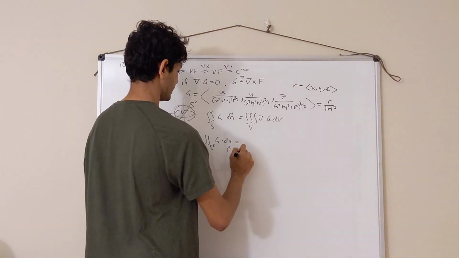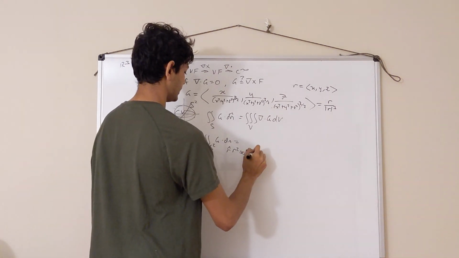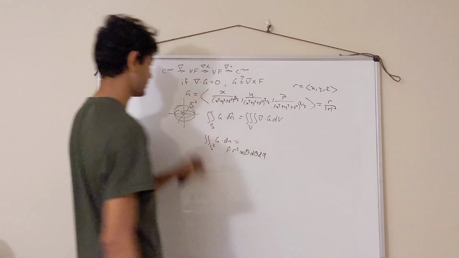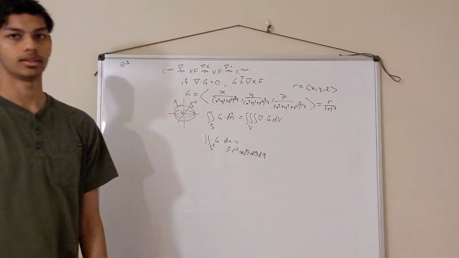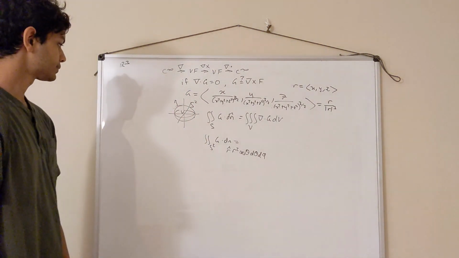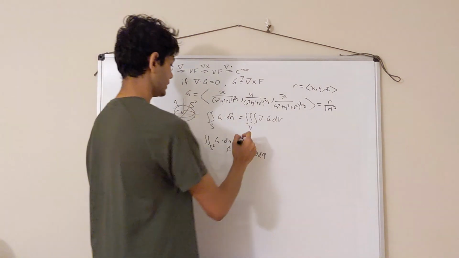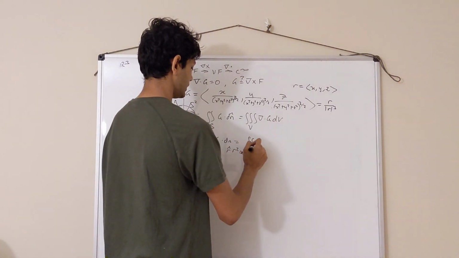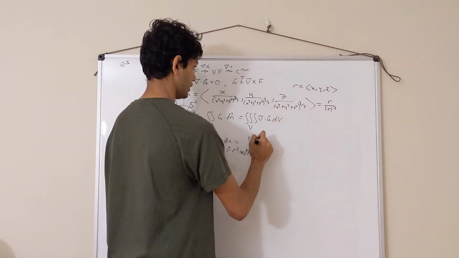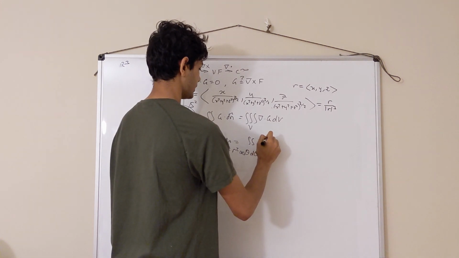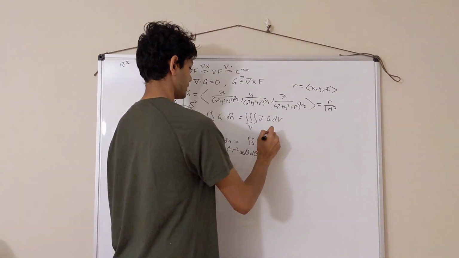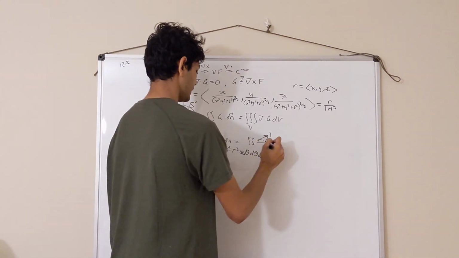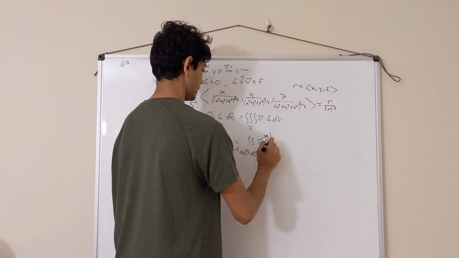times r squared cosine theta d theta d phi, just because we're looking at the normal vector to a surface of the unit sphere. And so what we get here is the double integral of r dot r hat, and because the radius is equal to 1, both of these will just cancel out and evaluate to 1, divided by magnitude of r cubed.